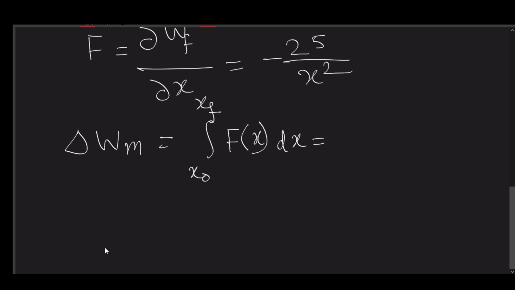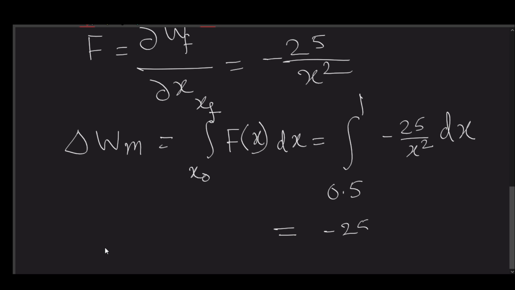Here xf is 1, x naught is 0.5, and the integrand is minus 25 by x square dx, so you will get minus 25 joule.